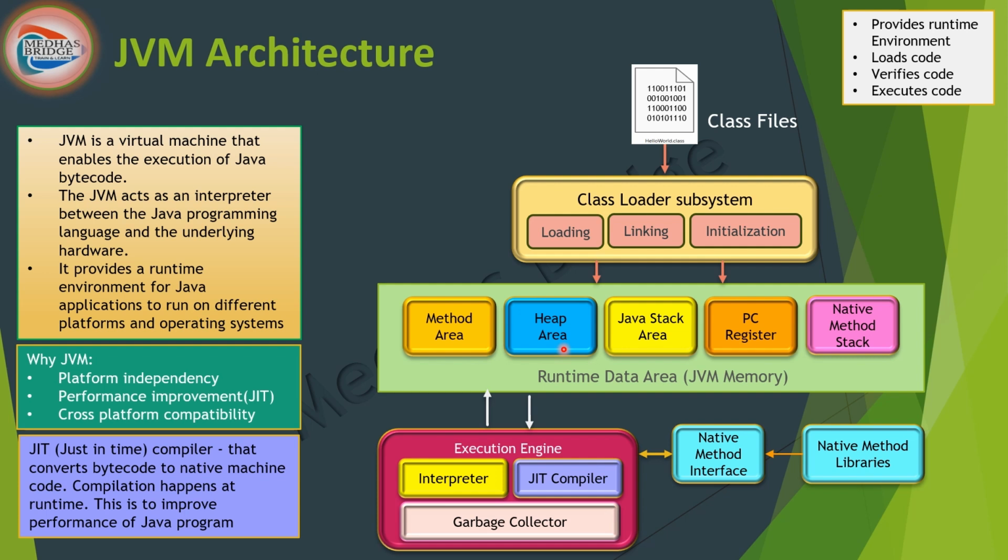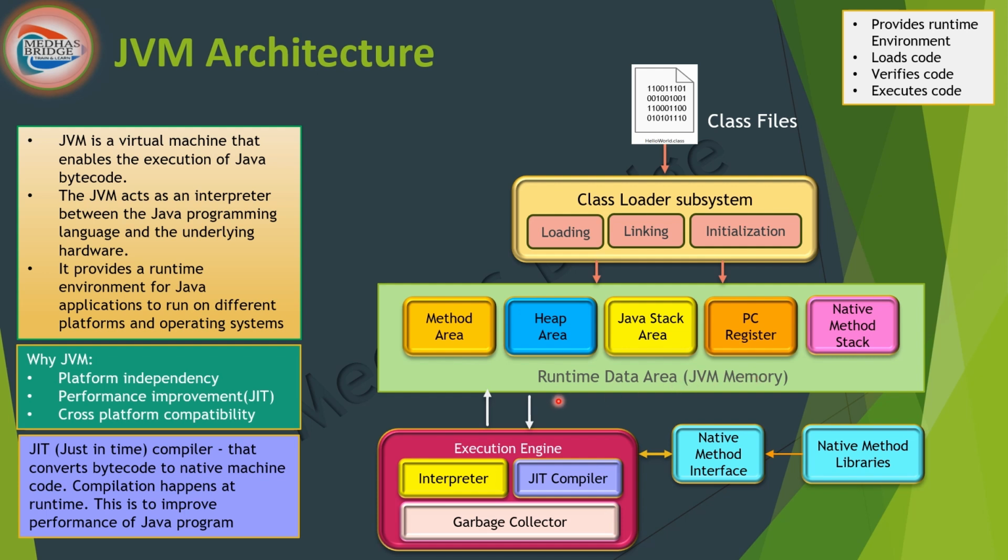All the local variables require a stack area, and there is a concept called native method conversion, because your bytecode can be converted into native code for faster performance, right? So that is where you have some space for the native method stack. Okay, this is called the runtime data area.